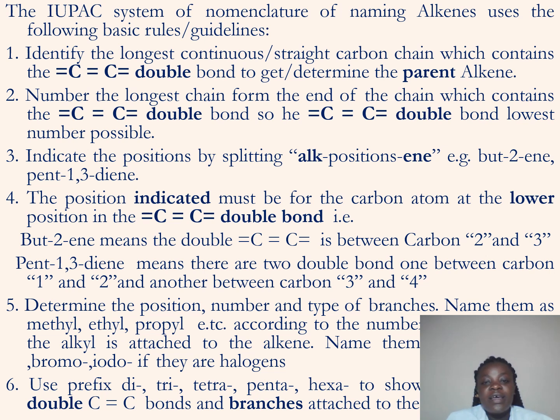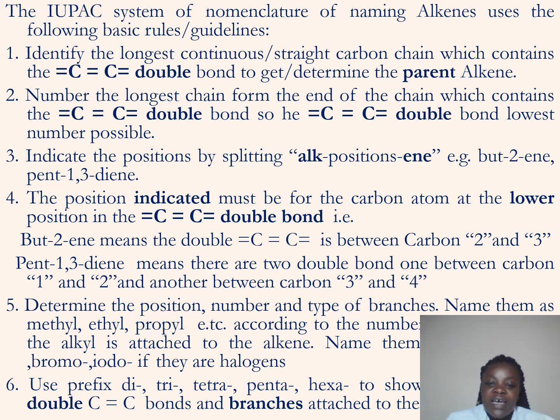Why do we identify the longest carbon chain? It is to determine the parent name of the alkene. After you identify the longest straight carbon chain, it will give you the parent alkene. Then step number 2 is to number the longest carbon chain.